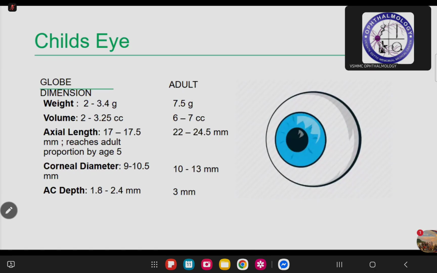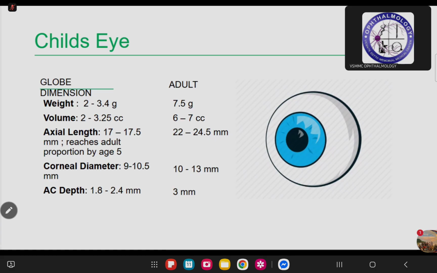In terms of globe dimension, the weight would be lesser, 2 to 3.4 grams as compared to 7.5 grams in adults. The volume would be around 2 to 3.25 cubic centimeters as compared to 6 to 7 cc in adults.